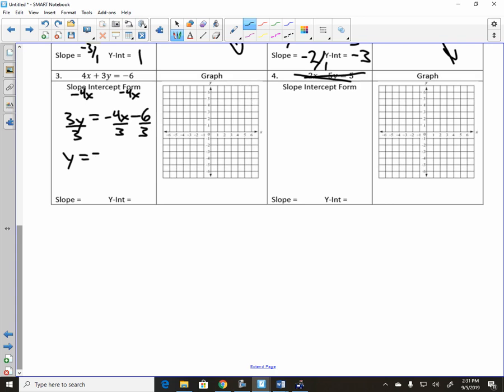Y is negative 4 over 3. I always encourage you to keep the negative with the top. So my slope is negative 4/3. My y-intercept is negative 2. Plot the negative 2. Down 4 over 3.